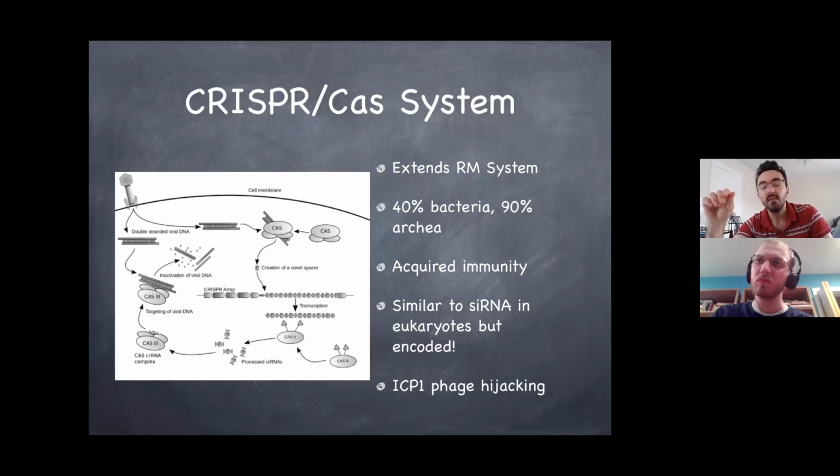And in fact, it's so widespread and so used that there are actually viruses that hijack this system for their own replication. But clearly, the bottom line is that this is obvious evidence for genomic plasticity.